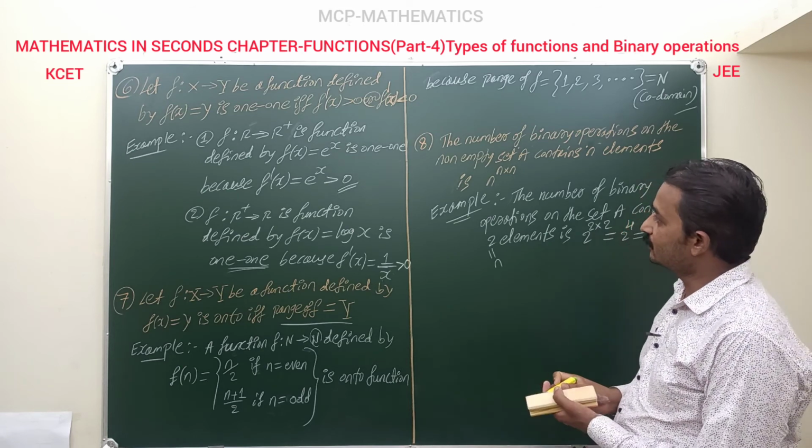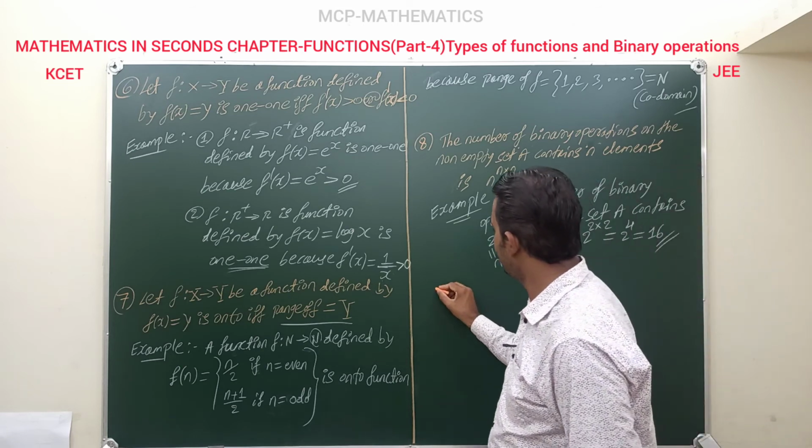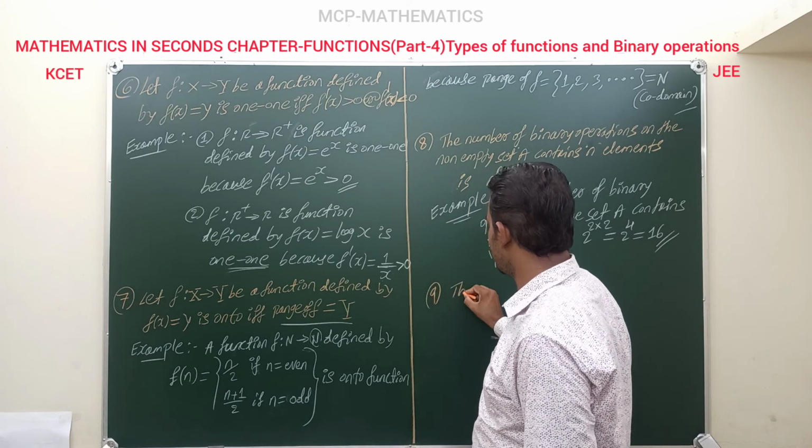Now let us move on to shortcut number 9, the number of commutative operations.